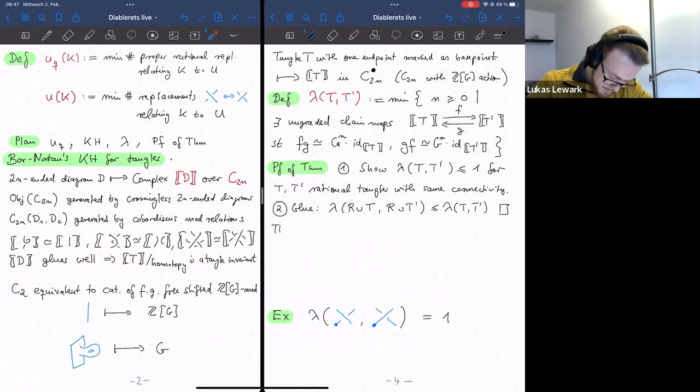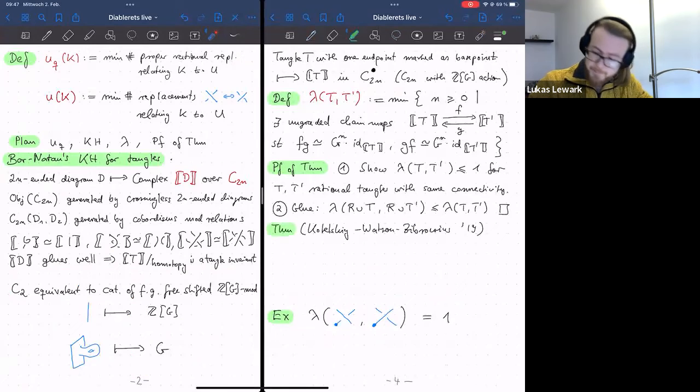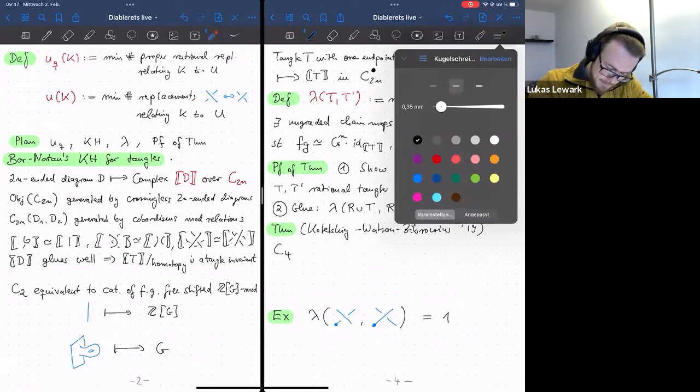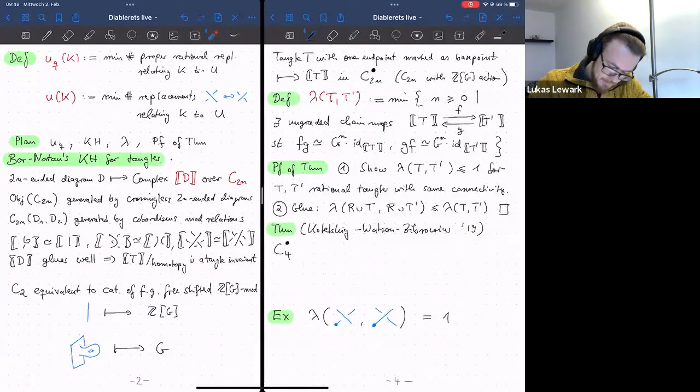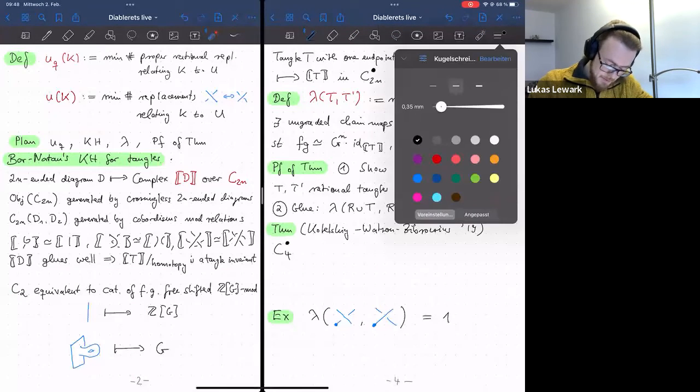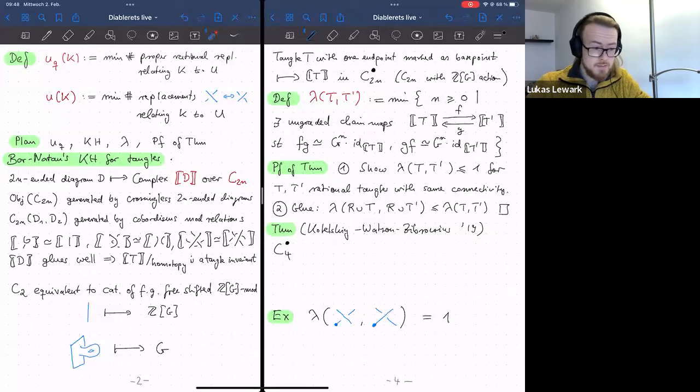This is a theorem by Kotelskiy, Watson, Zibrowius. They state it a little bit differently. It gives a simple language for C4 dot.